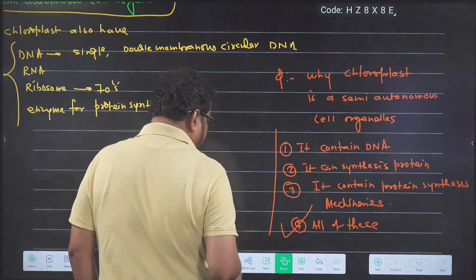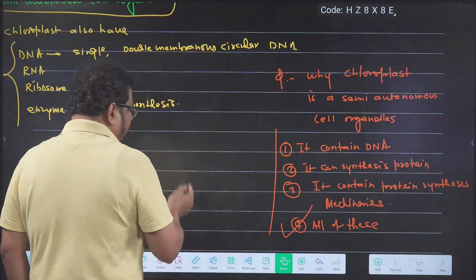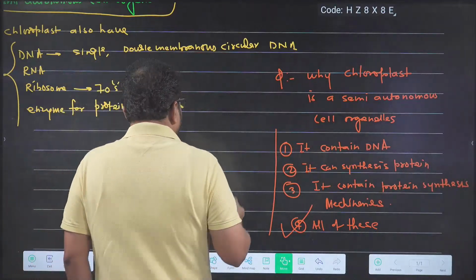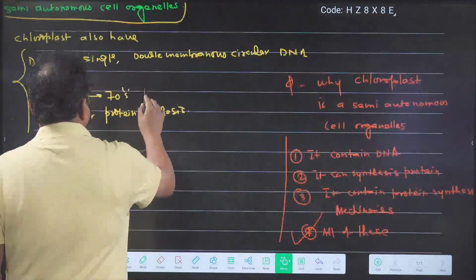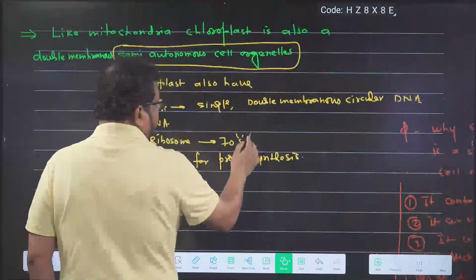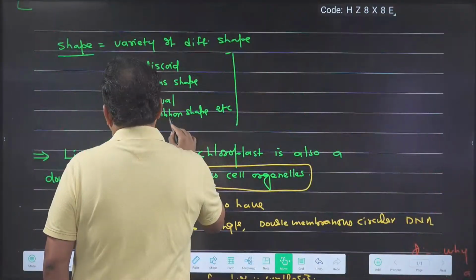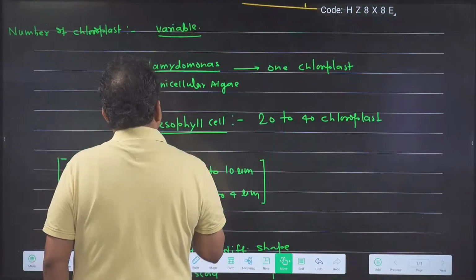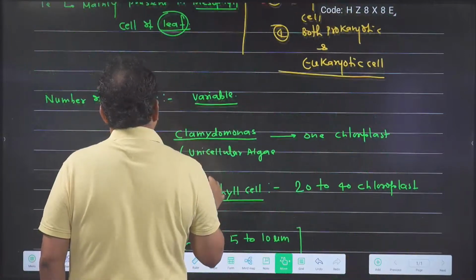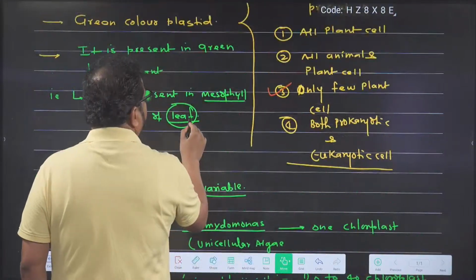Now we are moving ahead to the structure of chloroplast. Before that, I am giving a brief recap. I wrote many things until now about the chloroplast.